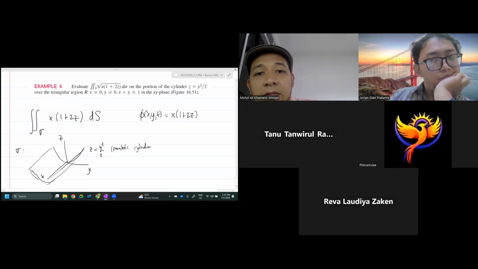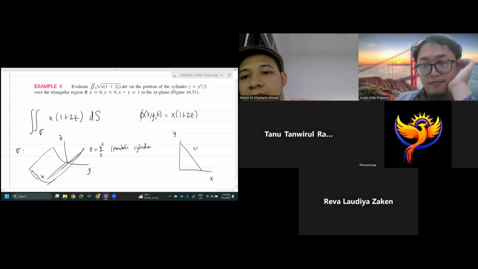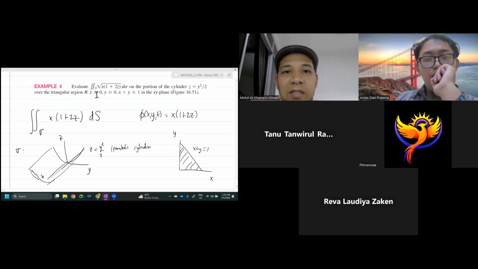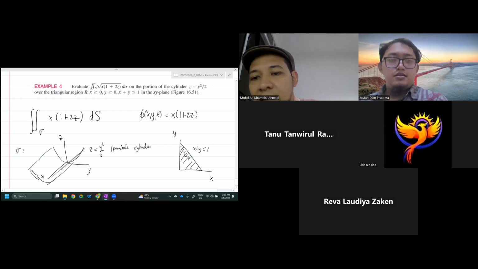So what do we have? You have the xy plane, and this is x plus y equal to 1. It should be this region, because x plus y less than or equal to 1 is in this direction. Then y is greater than 0 and x is greater than or equal to 0, meaning you have this direction, this direction, this direction.